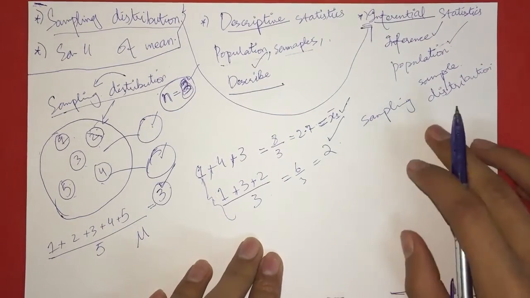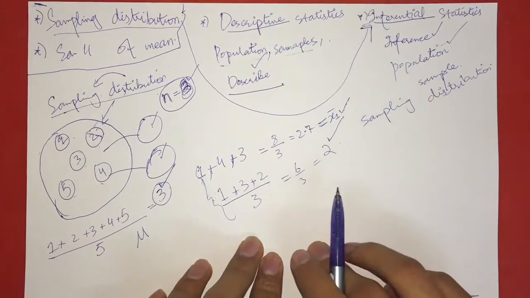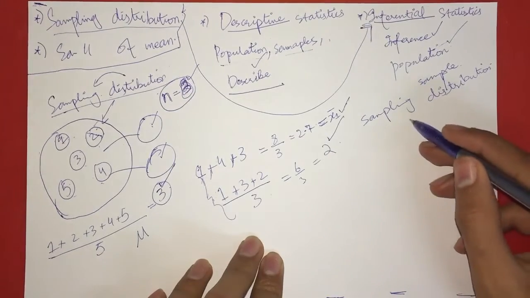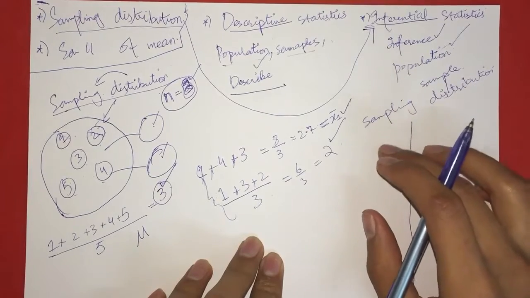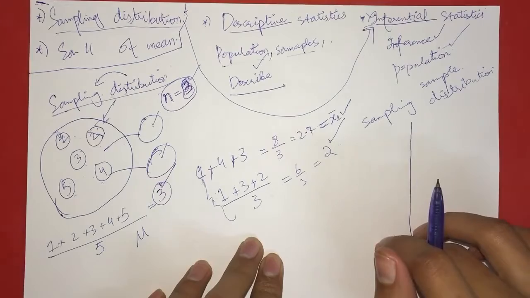So, sampling distribution of mean. For a sampling distribution of mean, you're going to make a column. Here you'll have all the samples of your size.